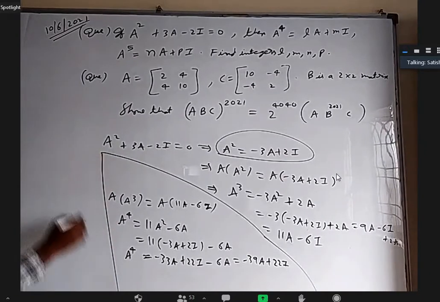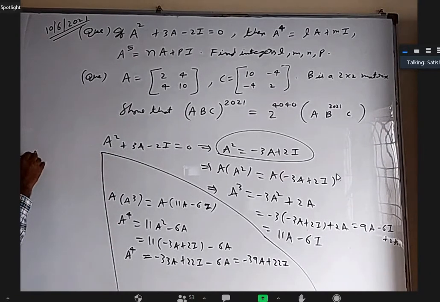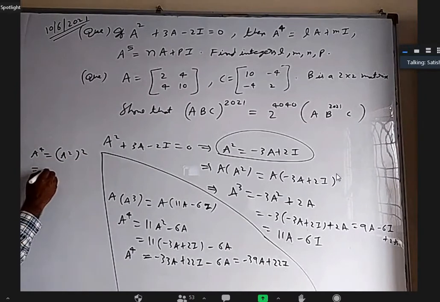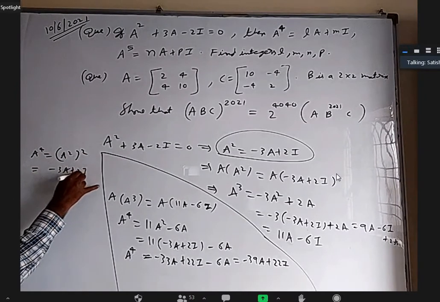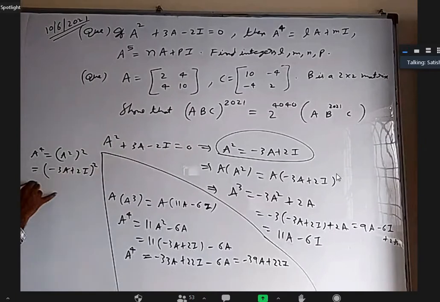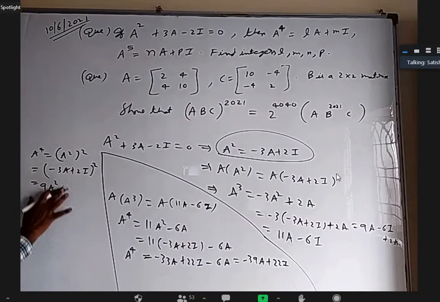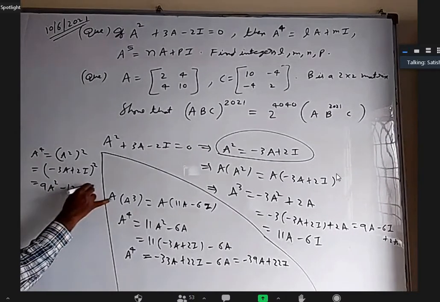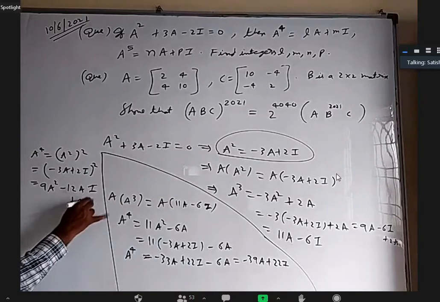This is one way. A power 4 is A square whole square. That is minus 3A plus 2I whole square. That is 9A square plus this into this is minus 12AI plus 4I square.